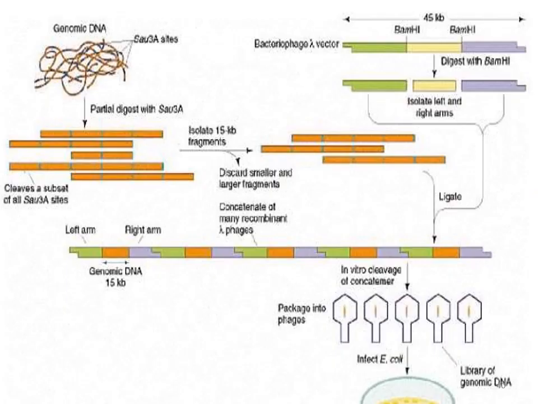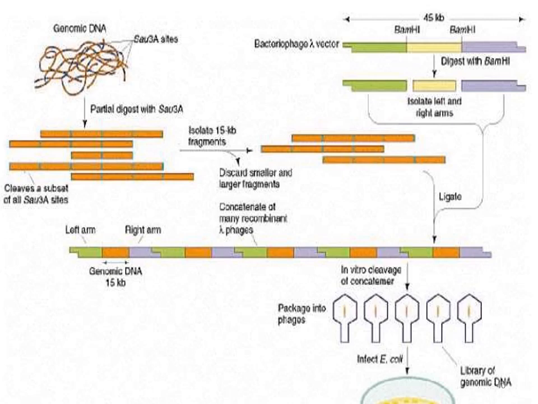Here is the overview of the formation of recombinant DNA and ultimately the library of the genomic DNA. In this process, the bacteriophage is used as a vector having multiple recognition sites on which certain restriction enzymes can be used to cut stretches of DNA of various sizes.